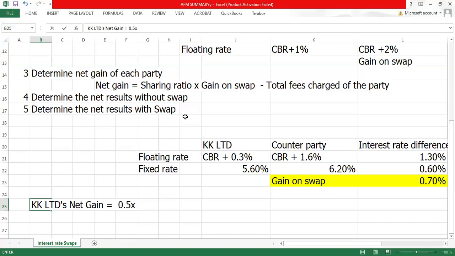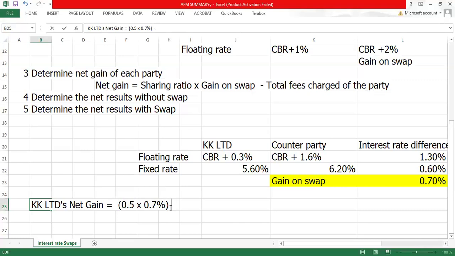0.5 times what? Times the gain, 0.7%. Avoid making a mistake. The sharing ratio, put it in decimal points. Then the gain on swap, put it in percentage, so that when you're using the calculator, you don't make a mistake.